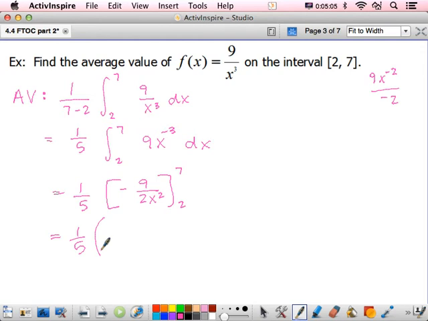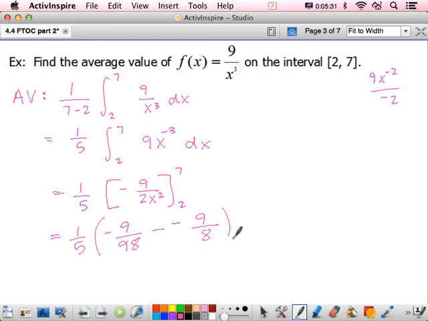If we substitute in 7, we get negative 9 over 2 times 49, which is 98. And then if we substitute in 2, we get minus a negative 9 over 8.